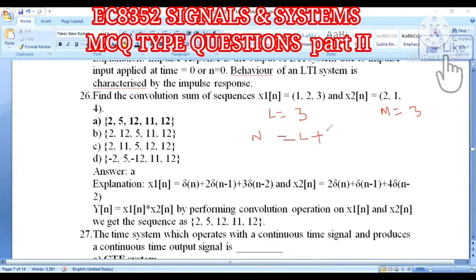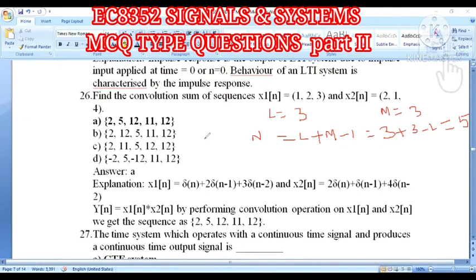The formula is L plus M minus 1. So 3 plus 3 is 6, 6 minus 1 is 5. So definitely your answer length is 5. Just count 1, 2, 3, 4, 5. So all these options have length 5 only. Okay, no problem. Let us check.